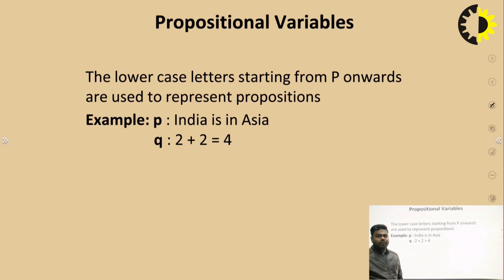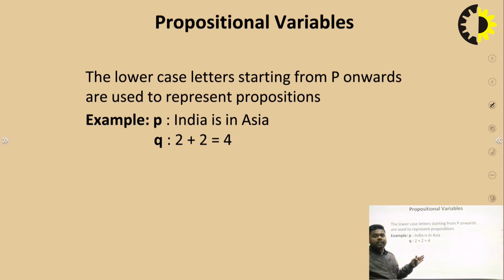So there are propositional variables. How to write the propositional variables? We can use lowercase letters which stand for the propositions. They are the propositional variables. In the given statement, the lowercase letters starting from p onwards are used to represent propositions.